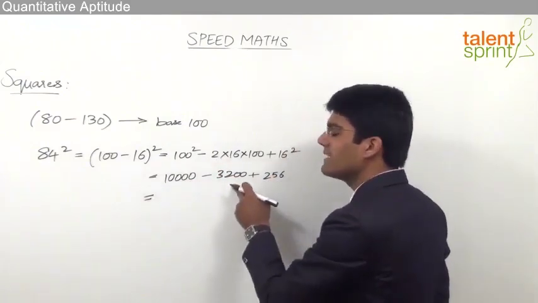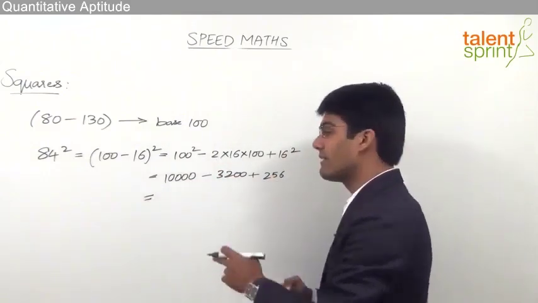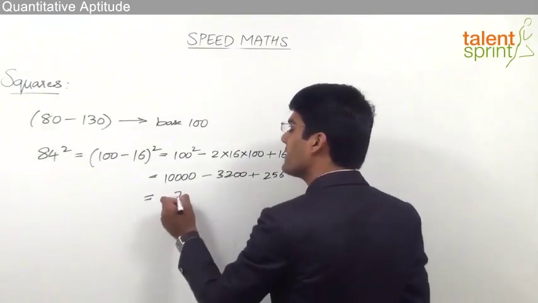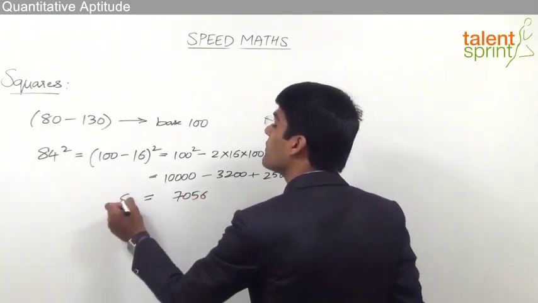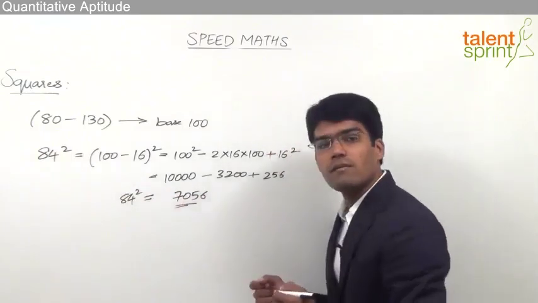So 10,000 minus 3,200 is 6,800. 6,800 plus 256 is 7,056. That means 84 squared will be equal to 7056.